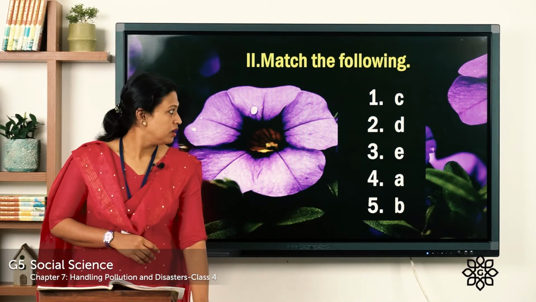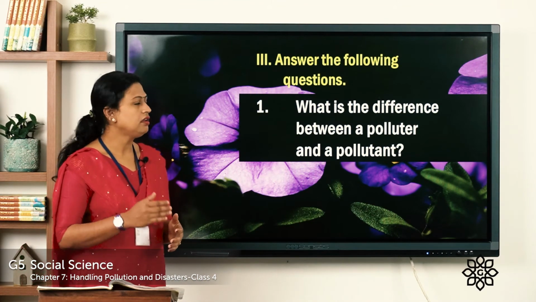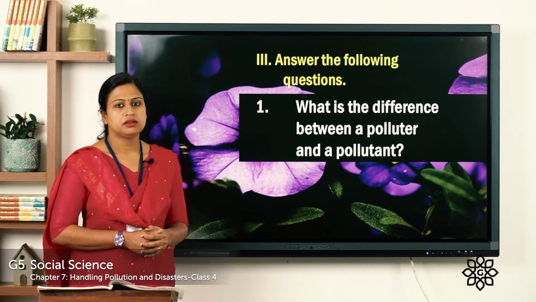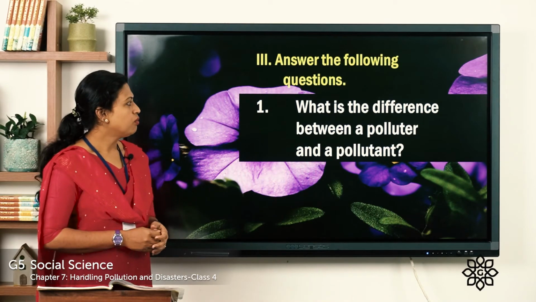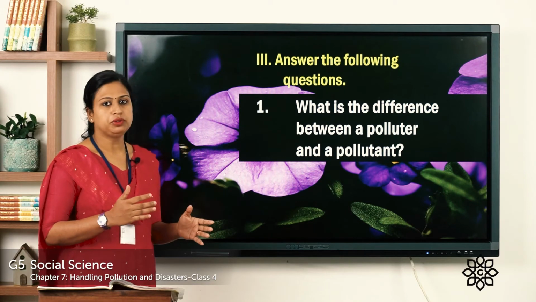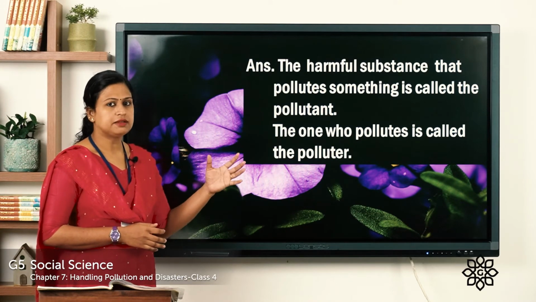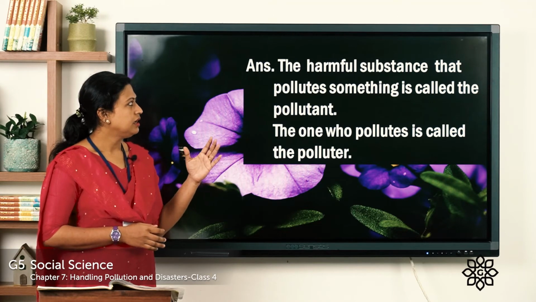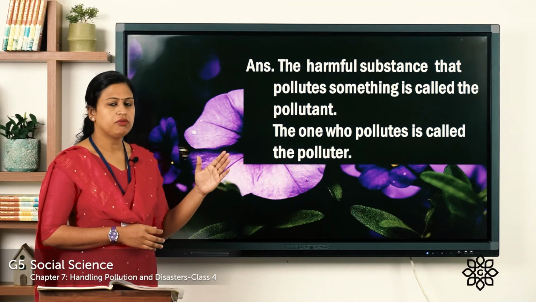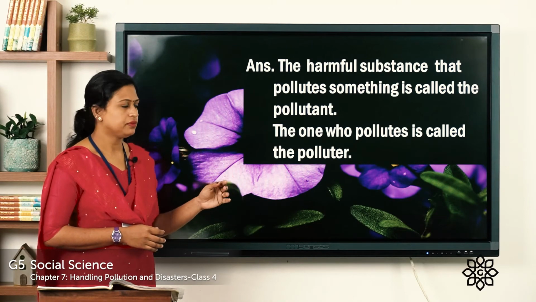Now let's move to the next exercise, that is answer the following questions. Now the first question is, what is the difference between a polluter and a pollutant? The answer is, the harmful substance that is introduced into the environment or which pollutes something is called the pollutant.